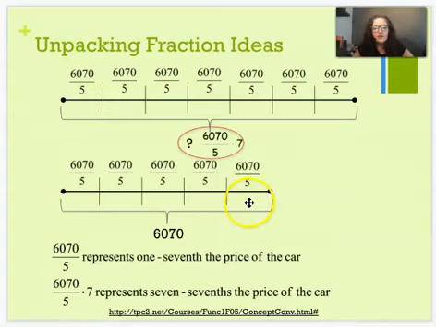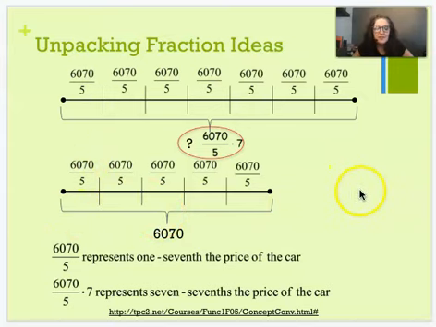This student said, oh, I'm going to split this into 7 pieces because my denominator was 7. But I know the 6,070 was only 5 of those pieces. So if I divide it by 5, that's going to tell me the size of each piece.